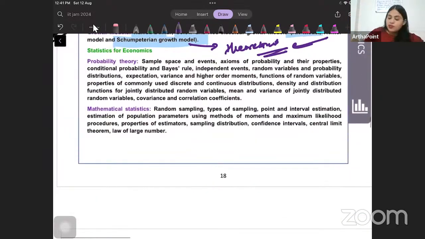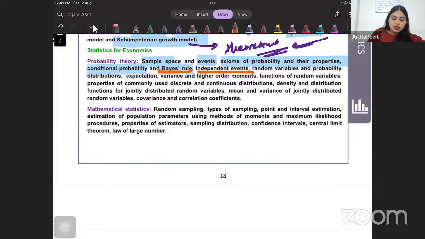Let me take it with you. Probability theory, sample space and events, axioms of probability and their properties, conditional probability and Bayes rule. This is very important. कभी कभी एक बेसिक बेस थ्योरम पे ही क्वेश्चन आ जाता है.